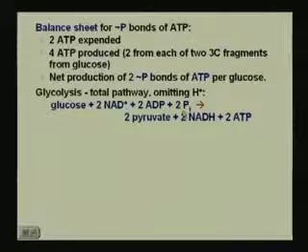Where was Pi used again? In the same step where you had NAD plus, we used a Pi to form the phospho. And what does this finally form? 1 glucose forms 2 pyruvate, 2 3-carbon moieties, 2 NADH plus 2 ATP. So that is our total pathway.